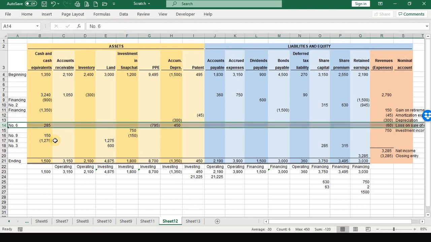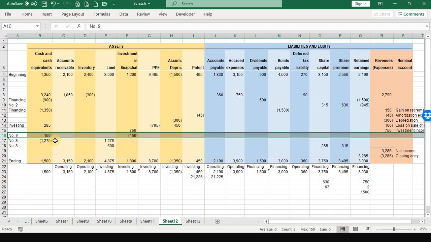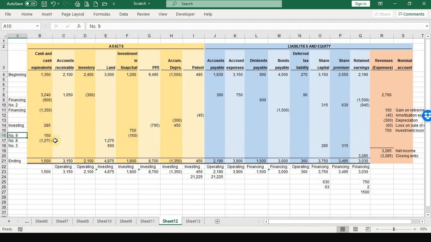Next is 285, which is the proceeds from the sale of equipment, which is under the investing activity. Next is 150. So for the 150 pesos, this is the cash dividend received from the investment in Snapchat. So as we have discussed earlier, dividend received is classified as operating activity.